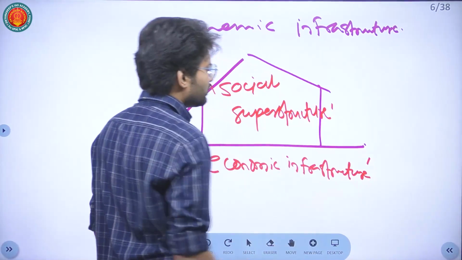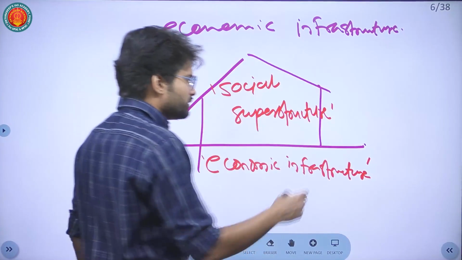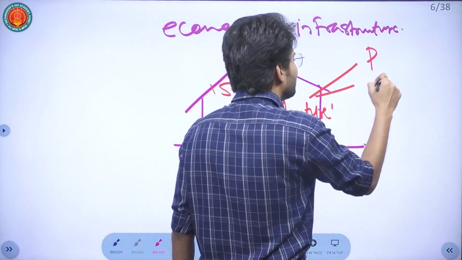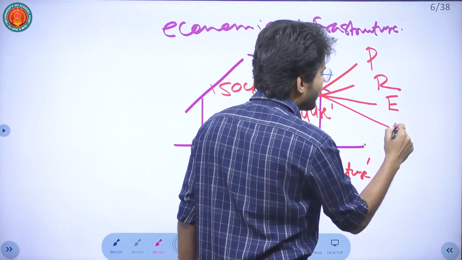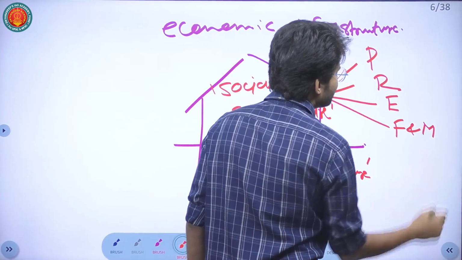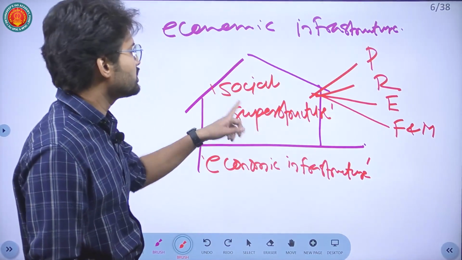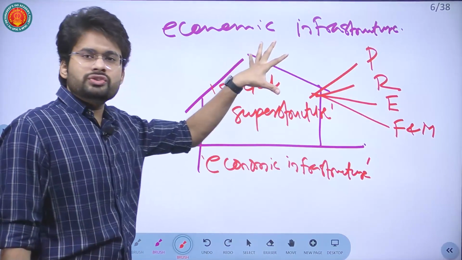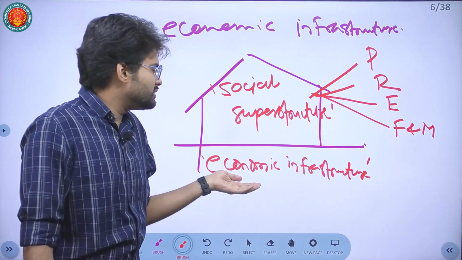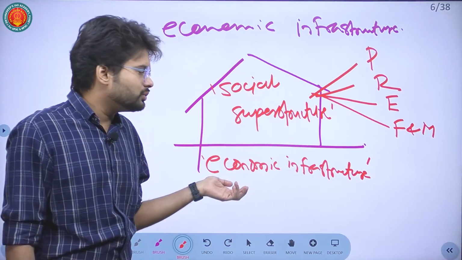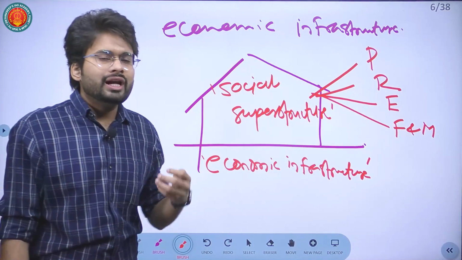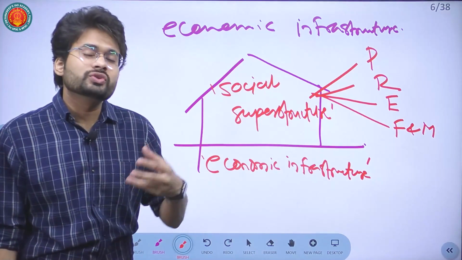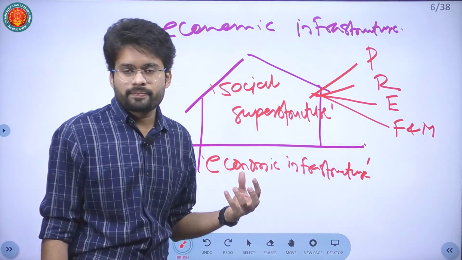Are you getting me now? Social superstructure constitutes all the institutions like politics, religion, education, family and marriage, and many other social institutions which are part of the social superstructure according to Marx. And this is the economic infrastructure which constitutes the production process, the factors and relations of production, which are at the core of the survival of society and individuals themselves.